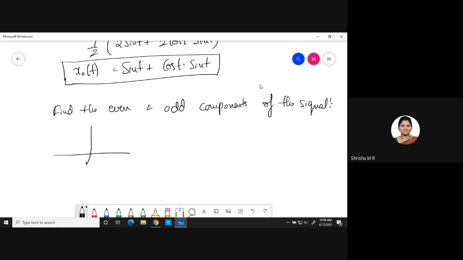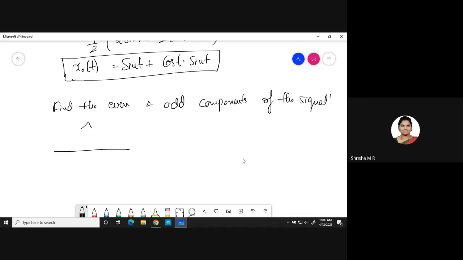You have a signal x of t, and it is like this.